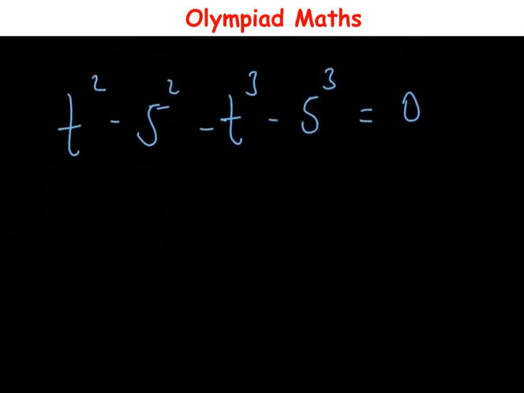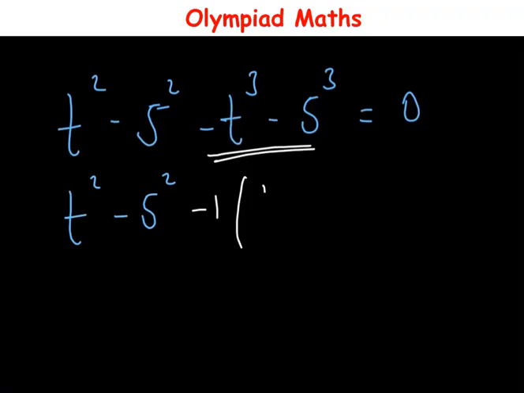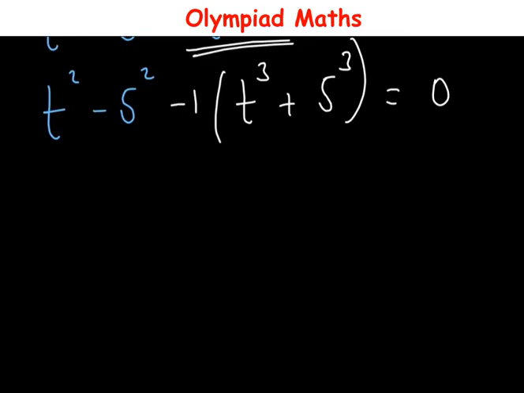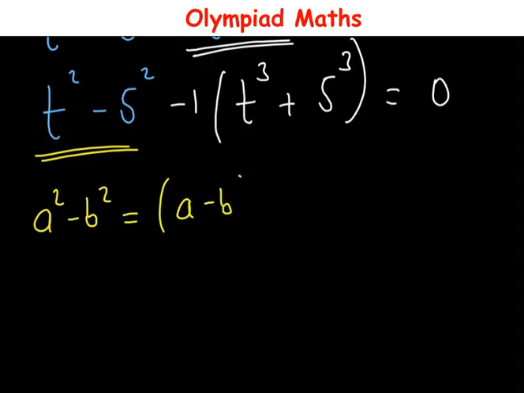So, from here, we have t raised to power 2 minus 5 raised to power 2. We can factorize out minus 1 from this. We have minus 1 into bracket. We are left with t raised to power 3, then plus 5 raised to power 3, all is equal to 0. So with this, looking at this right here, we have difference of 2 squared. So if you have a squared minus b squared, this is equal to, in brackets, a minus b multiplied by a plus b.